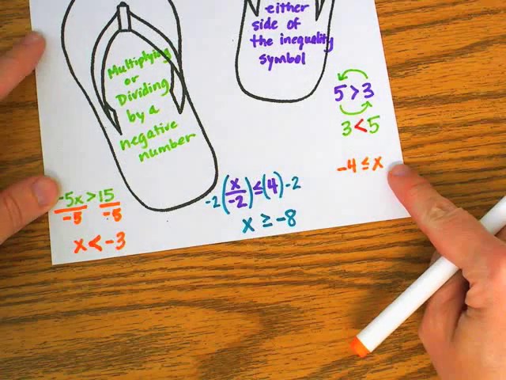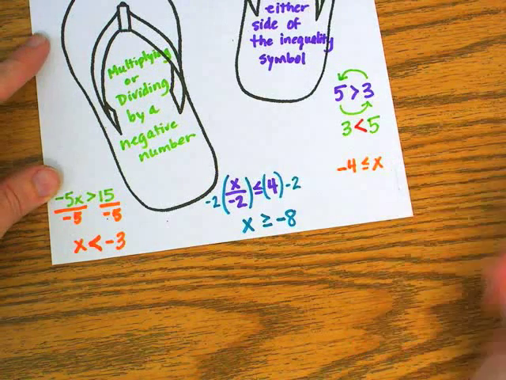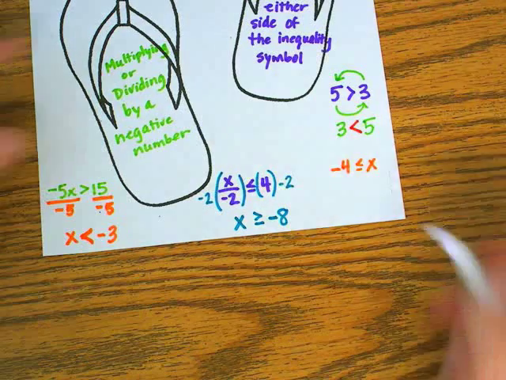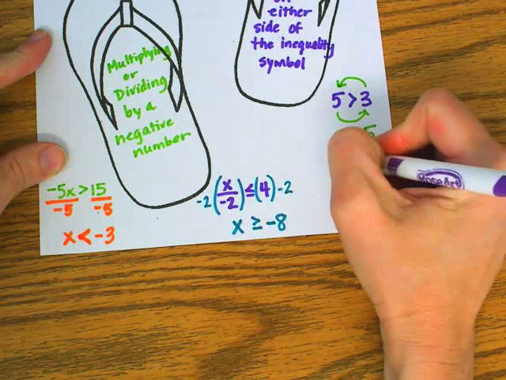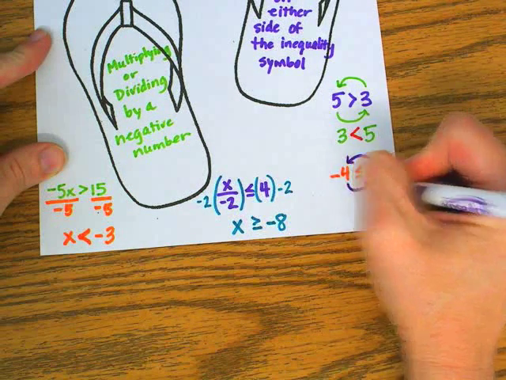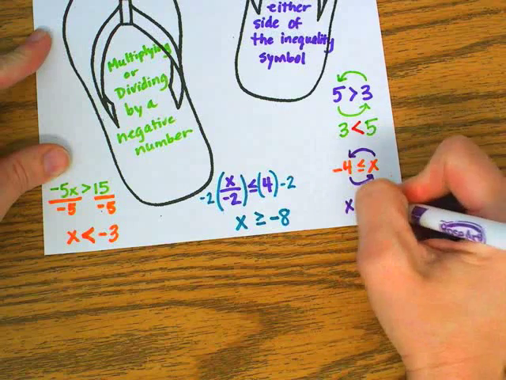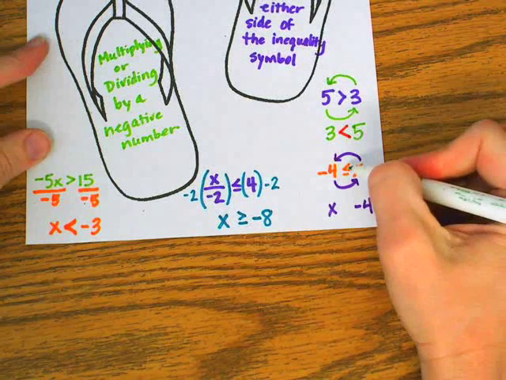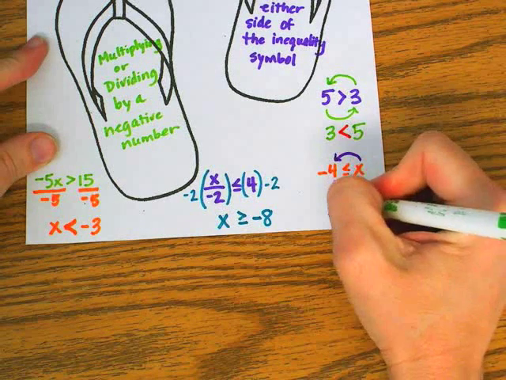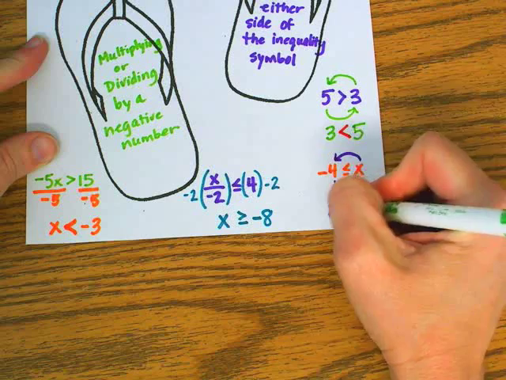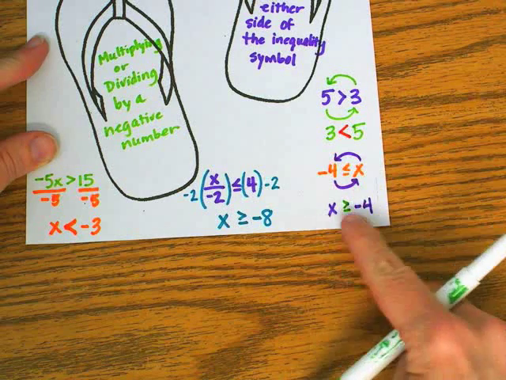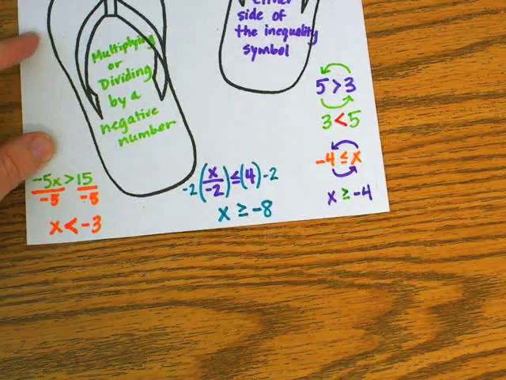They like to have the variable always be on the left-hand side, so we're going to put x to the left, and negative 4 to the right. But if I do that, I'm going to have to also flip-flop the inequality sign. So instead of less than or equal to, we're going to have greater than or equal to. If negative 4 is less than or equal to x, then that means that x has to be equal to or greater than negative 4. That's it.